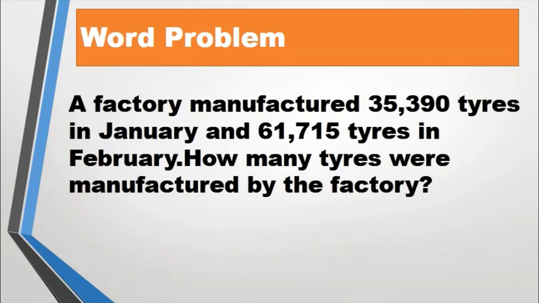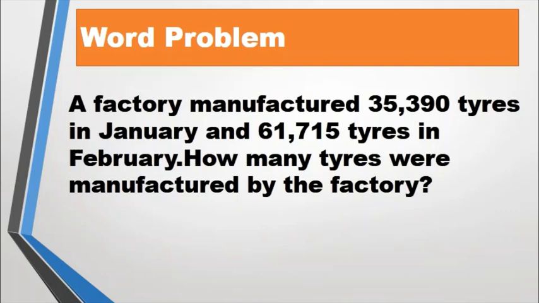Now children, let us read this word problem together. Come on, repeat after me. A factory manufactured 35,390 tires in January and 61,715 tires in February. How many tires were manufactured by the factory?